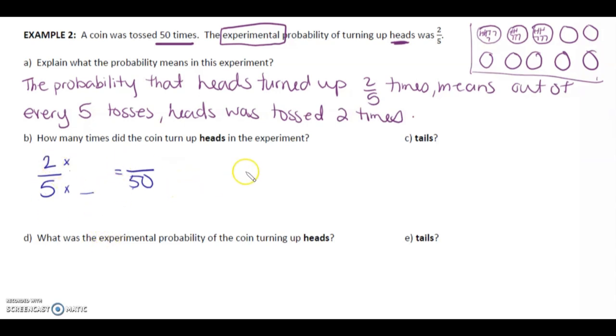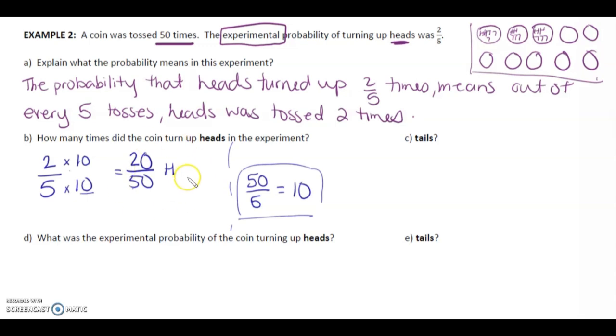So essentially what we're saying is, if we have 50 rolls and there's 5 rolls per bunch, how many is that? Well, that's 10. So 2 times 10 and 5 times 10 is going to give us 20 rolls out of 50 are going to turn up heads.